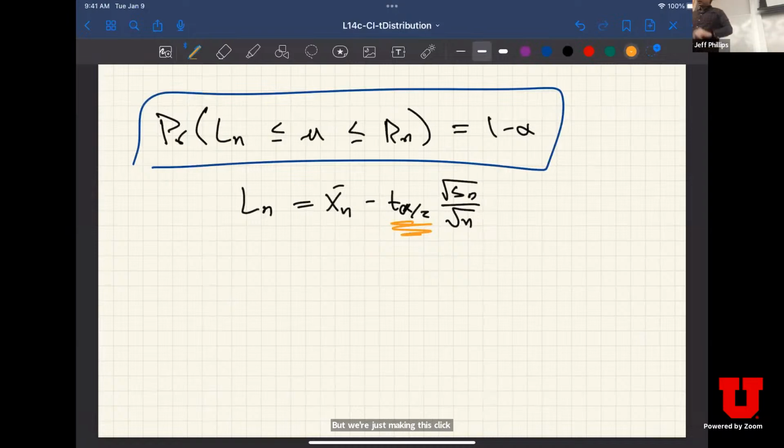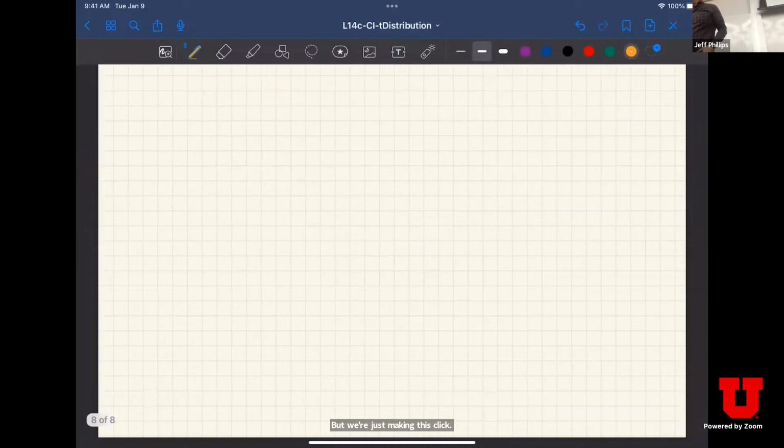Okay. Maybe you have time for one sample example problem. So we did this example before where we had n equals 40 snow stations.